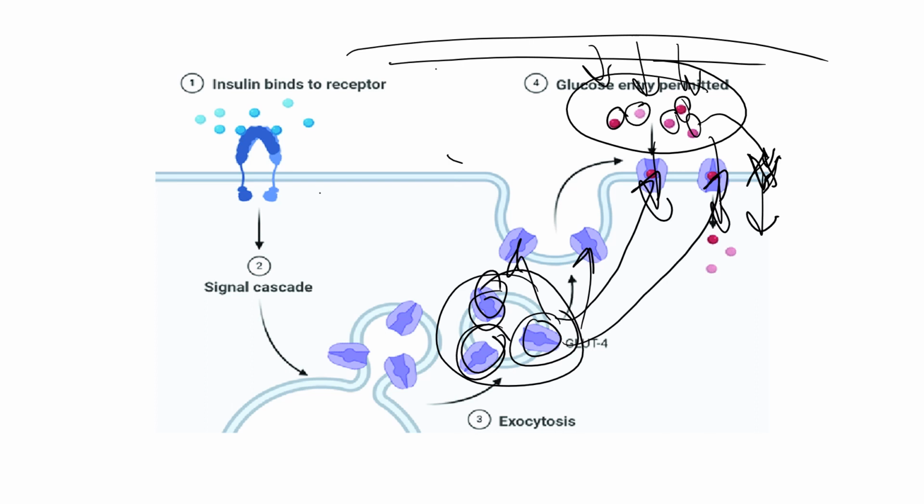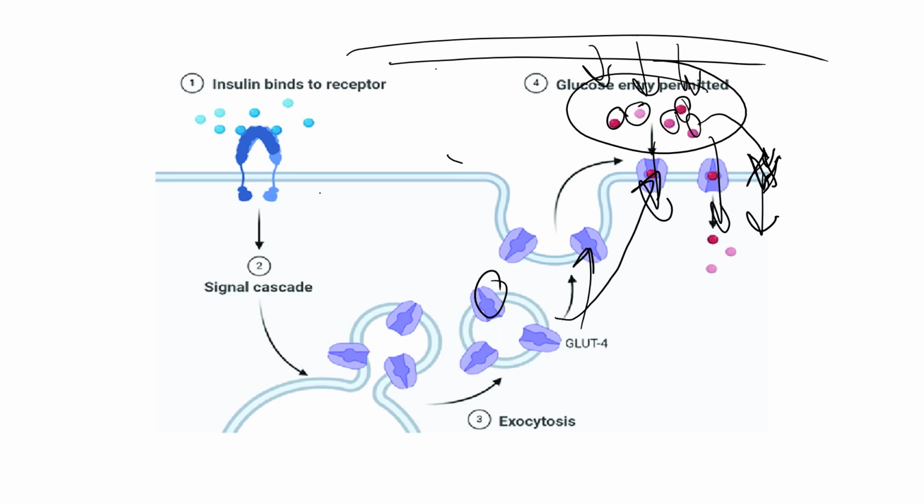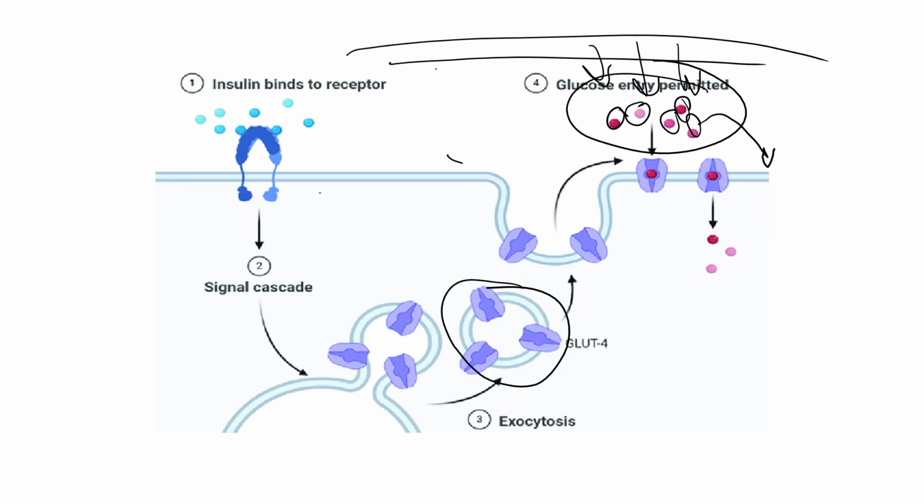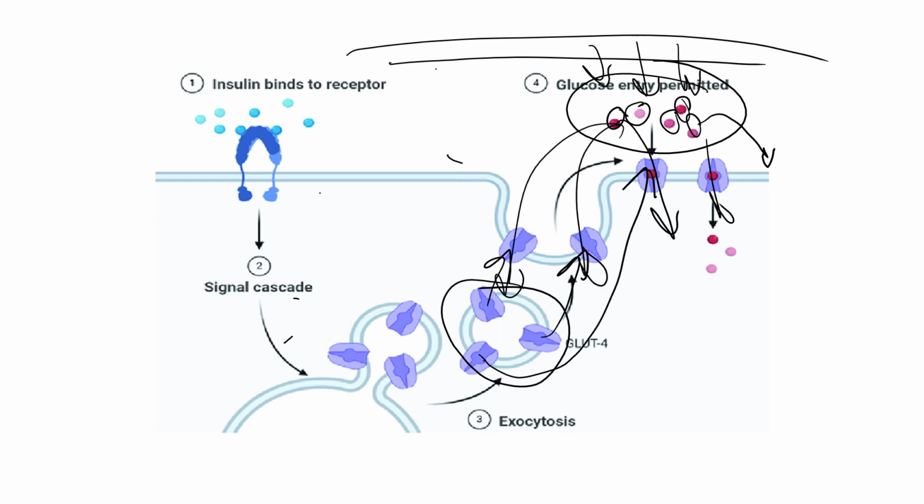You actually have to get them to leave the intracellular vesicles they're stored within, and this is called translocation of GLUT4. You need these GLUT4 proteins to translocate to the plasma membrane, embed themselves into it, and then bring glucose in through facilitated diffusion.